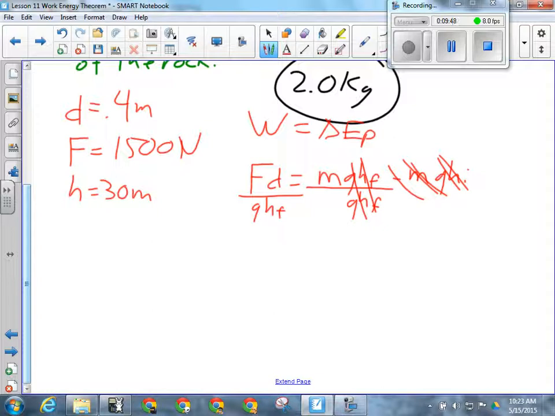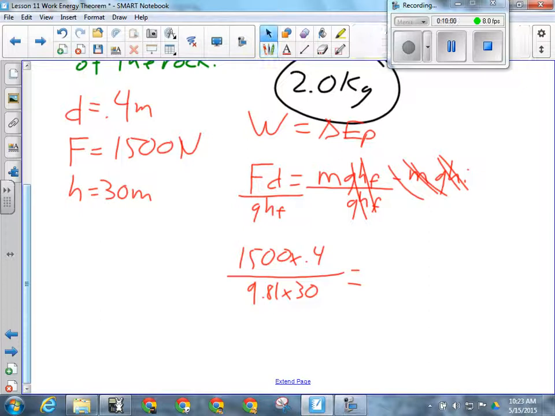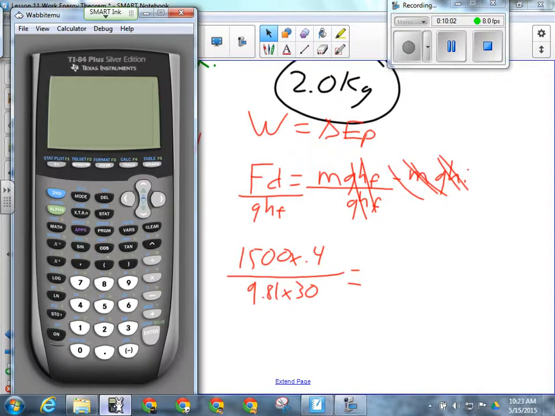So we're going to have 1,500 multiplied by 0.4, divided by 9.81 times 30. Now, they don't outright give us the 9.81. Why not? You already know it. Anytime you're dealing with potential energy, you have to use 9.81.